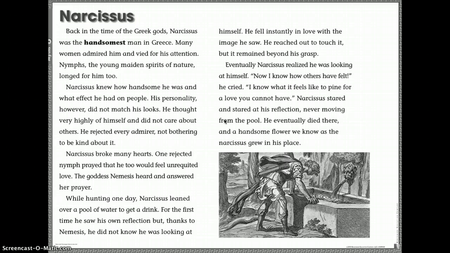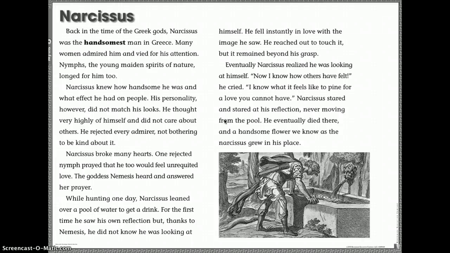While hunting one day, Narcissus leaned over a pool of water to get a drink. For the first time he saw his own reflection, but, thanks to Nemesis, he did not know he was looking at himself. He fell instantly in love with the image he saw. He reached out to touch it, but it remained beyond his grasp. Eventually, Narcissus realized he was looking at himself.